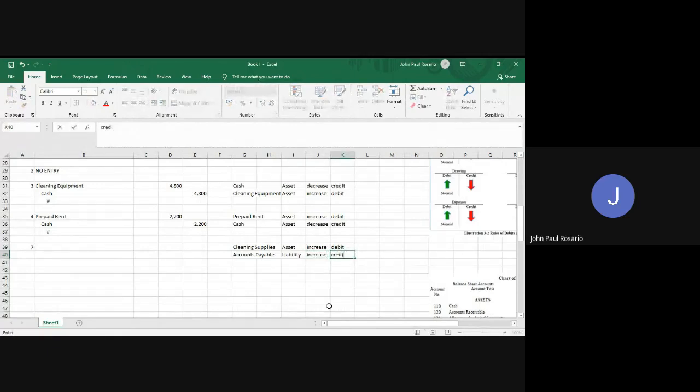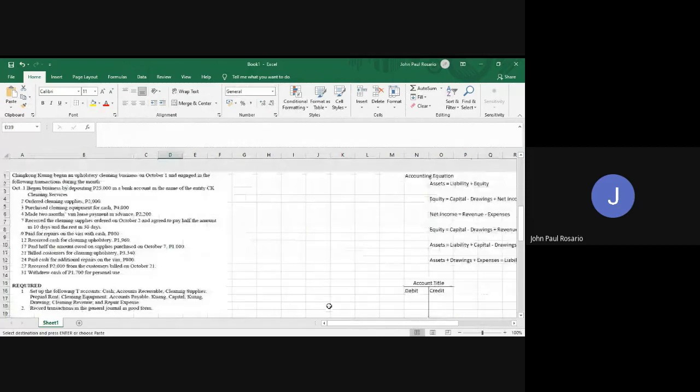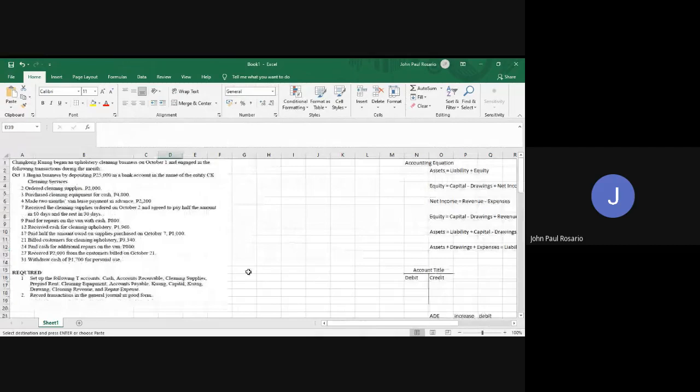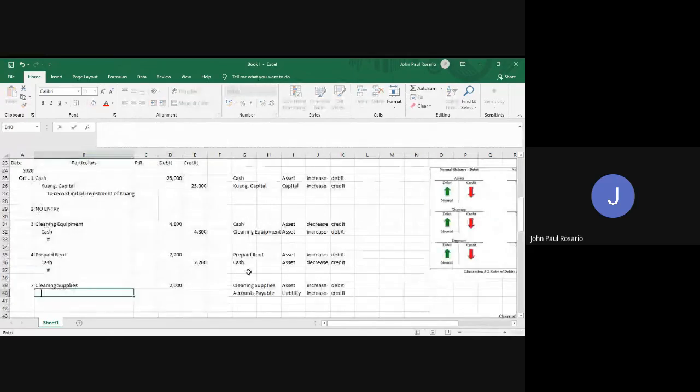So with that, we enter cleaning supplies for how much was the order? 2,000. Accounts payable, 2,000. Okay.